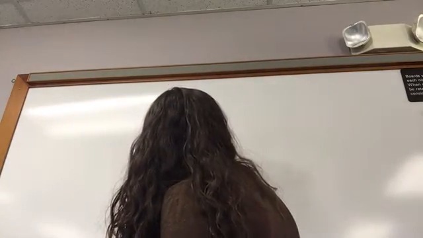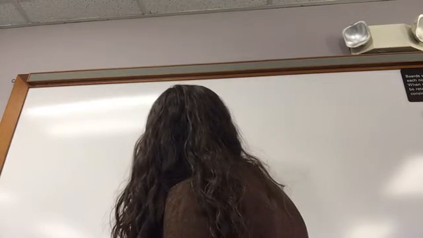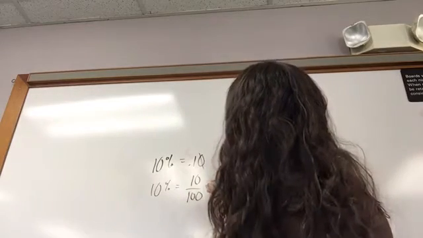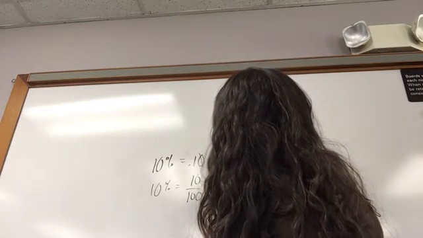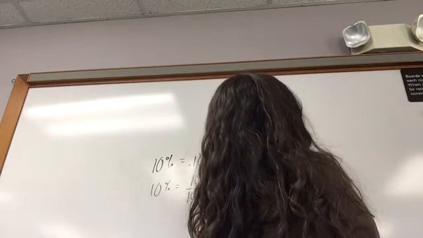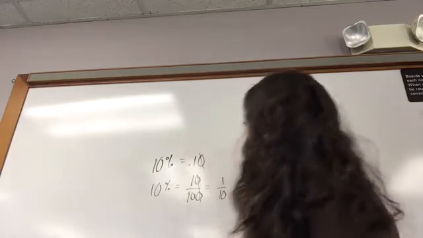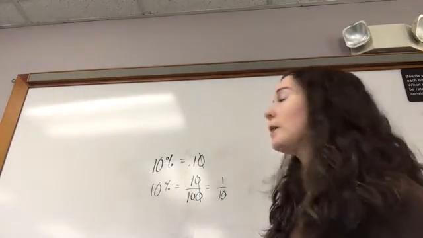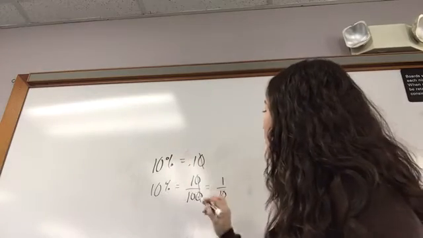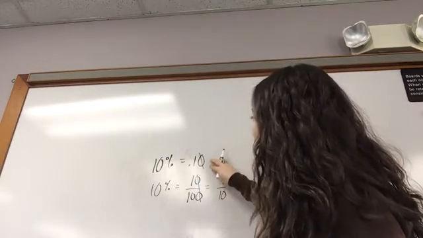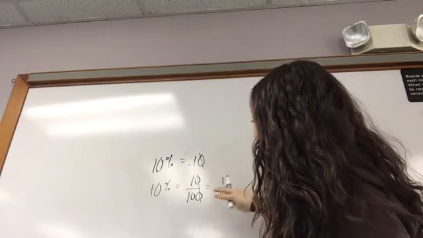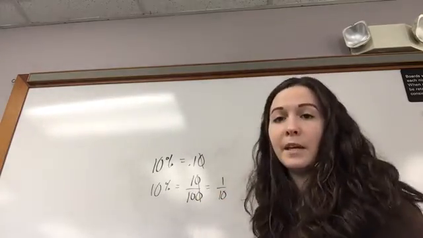Or 10% equals 10 over 100, which also equals, we can cancel out our zeros there, 1/10. So that's how we can change our percent into our decimal and our fraction. As a decimal, it's going to be 0.1. As a fraction, it's going to be 1/10.